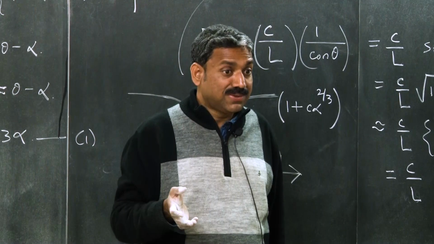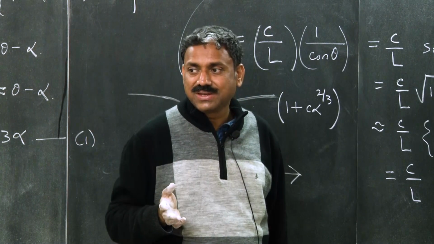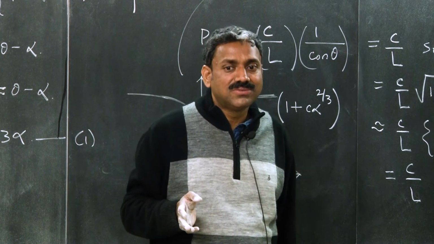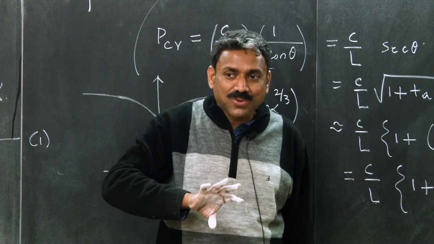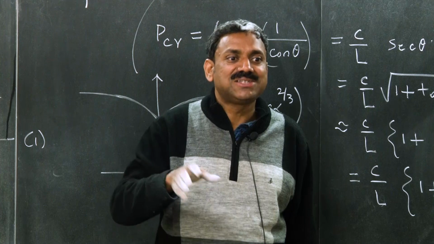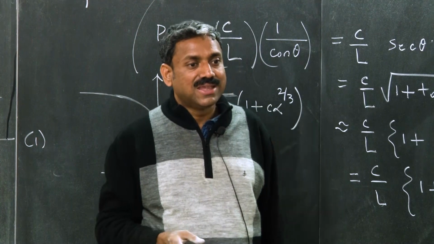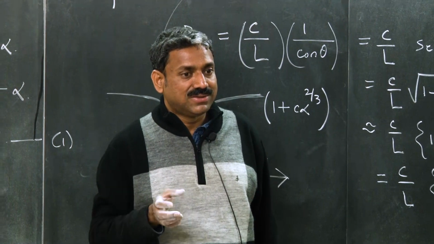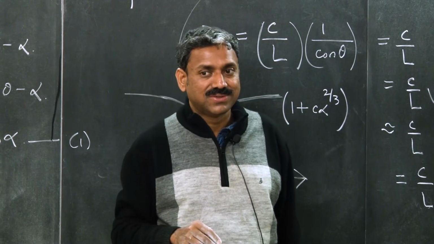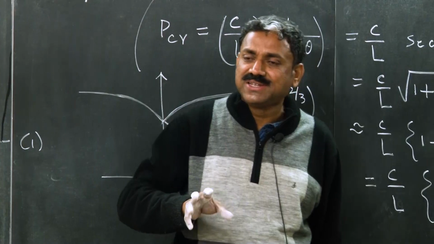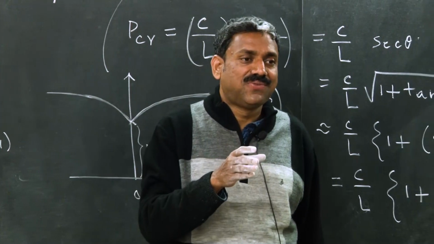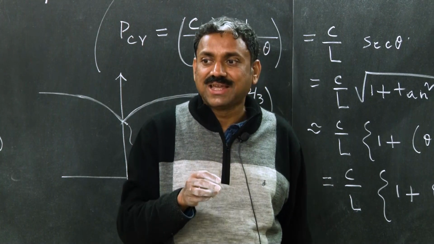Especially for higher theta, so theta equal to 0, sin theta tends to theta. At higher theta, your restoring force is increasing at a much larger rate than the disturbing force. Your restoring force is of the order of C theta, and your destabilizing force is of the order of sin theta.